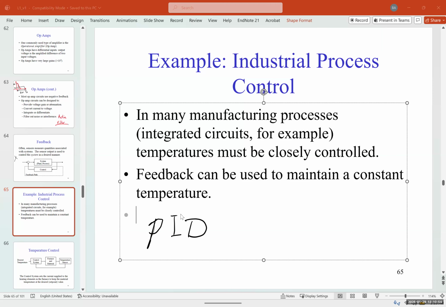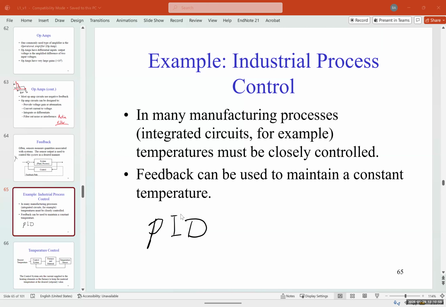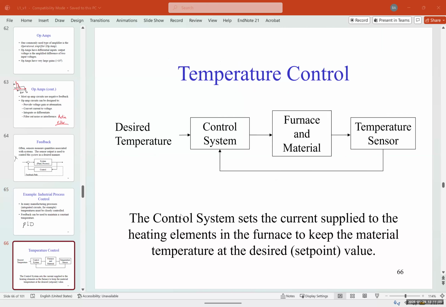Now, this is the topology of a temperature control system. We will set the desired temperature using our thermostat here. Let's say we want to put our house at 70 degrees Fahrenheit.